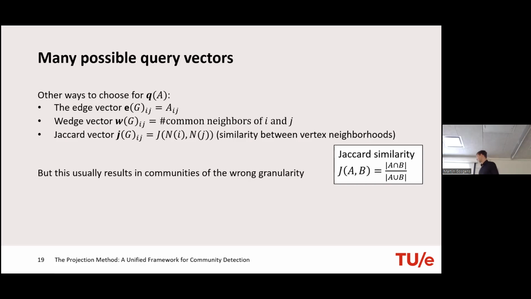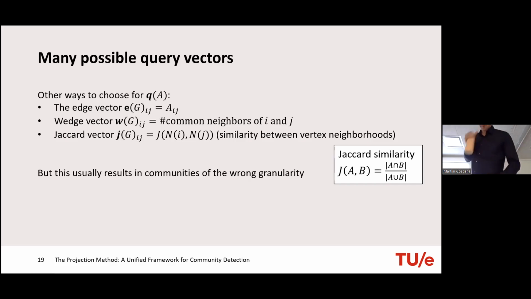What you will get is that the optimal partition in this way will always be the partition into connected components of the graph. And if you do this for all the others, you also usually just get everything into a single community.